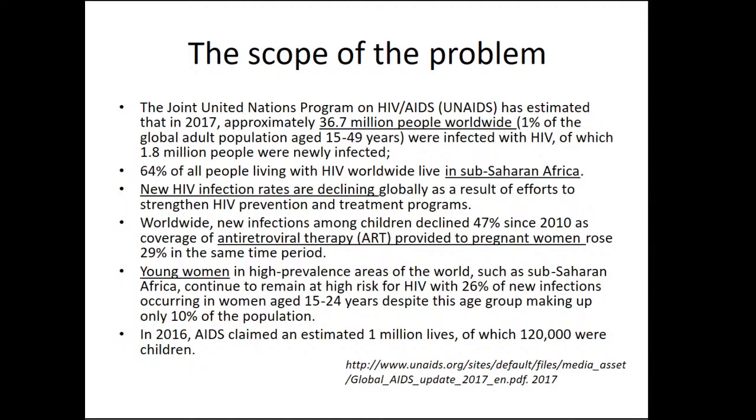The problem of HIV is very well known, and probably you've heard so much information about it. The United Nations program created for HIV and AIDS prevention estimated that approximately 37 million people worldwide, which is 1% of the global population aged between 15 and 49 years, are infected by HIV.